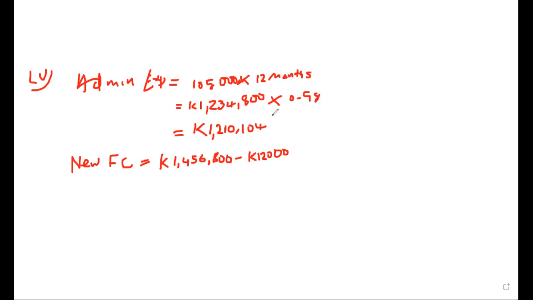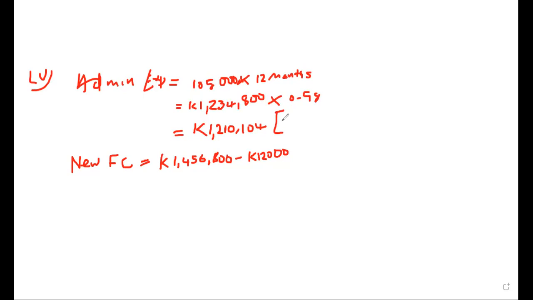Then for administration, we didn't finish. So for administration, now what we need to do here, this is the total administration. So the question is how much has been removed. So let's do calculating here. So this one will remain within the total fixed cost.